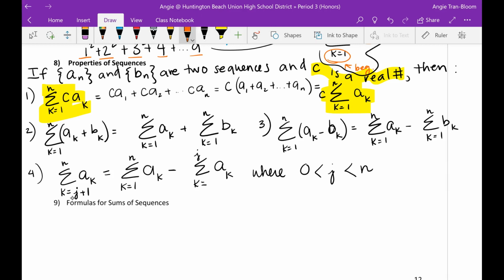That means j can be 4. So that means this is really starting at 5, right? If j is 4, well, I don't want it to start at 5. I want to count starting at 1. Then I can start from 1 to 9, and then take away, oops, I didn't finish writing, this is K equals 1, take away 1 to 4. Okay, so that gives me 5 to 9. That's all that is.